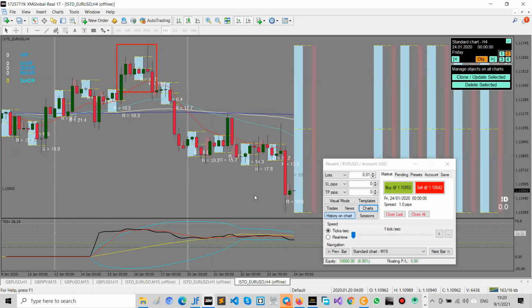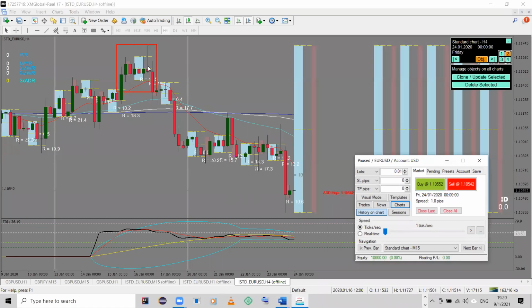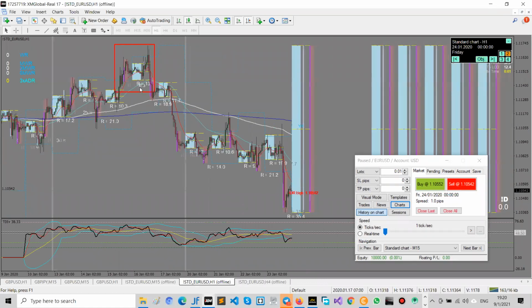So without wasting time, my analysis: I just found a peak on H4, then moving on to H1, counting my levels. I see across here there's a peak there. Then my level 1 is around this area, and my level 2 is around this area.